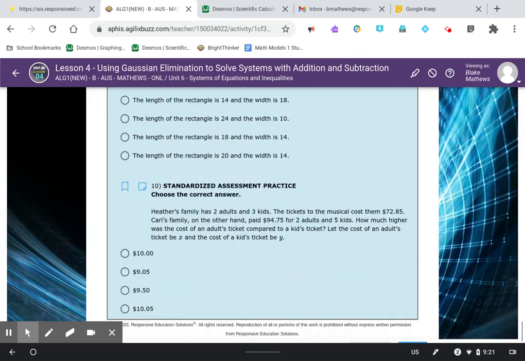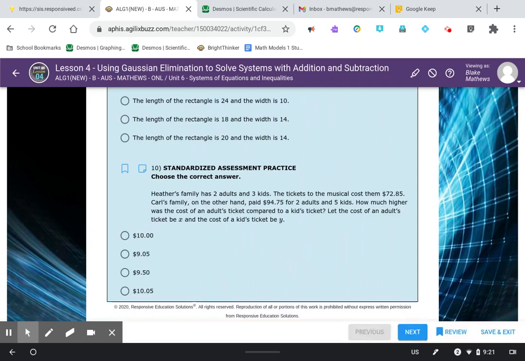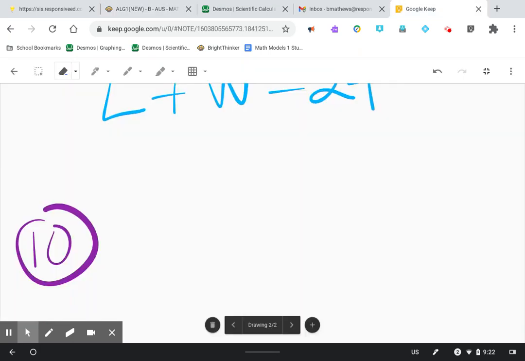All right. More of the same in number 10. Heather's family has 2 adults and 3 kids. The tickets to the musical cost them $72.85. Carl's family, on the other hand, paid $94.75 for 2 adults and 5 kids. We have 2 different situations. We have 2 adults in the first family and 3 kids.